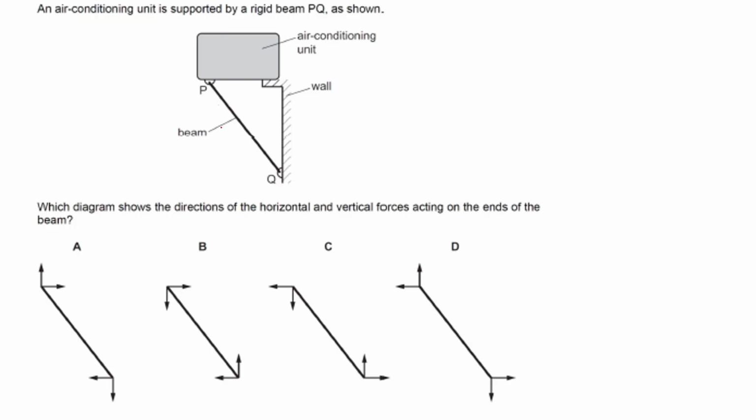So we know that there should be a force going down because the air conditioning unit is pushing down on it. And since this is going down and the beam is not experiencing any motion, it should also have an opposing force up.